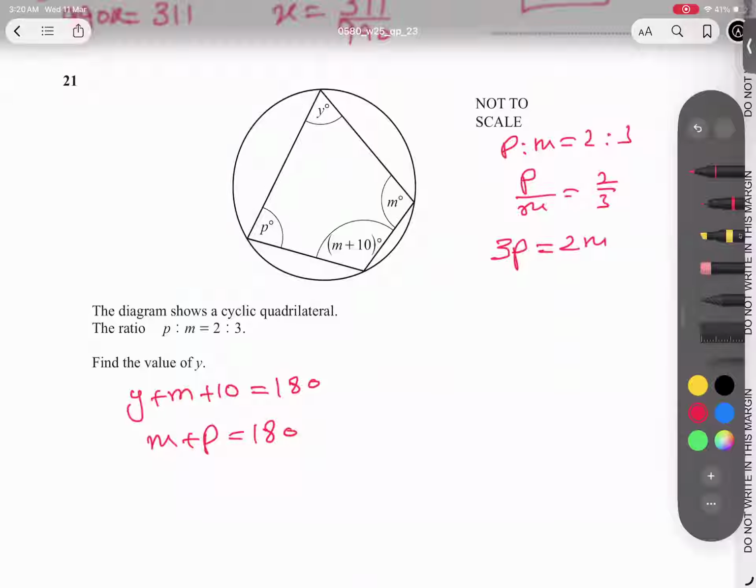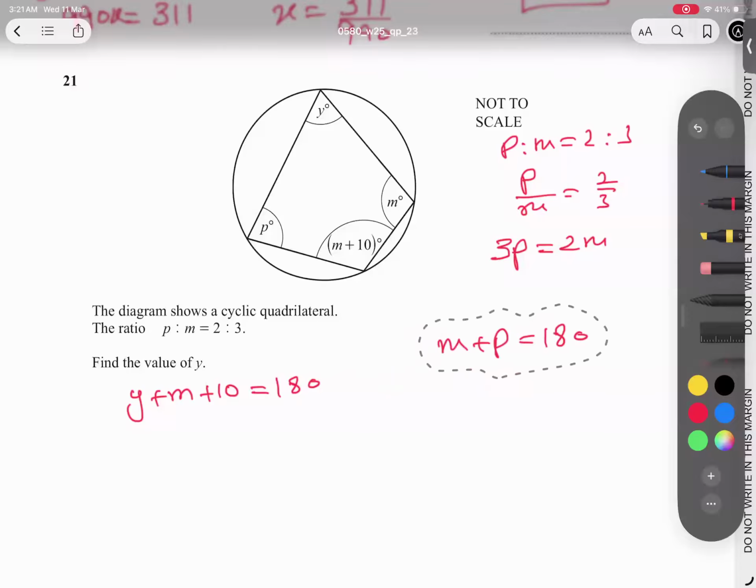Students, I think I can get a benefit from here. You could make m the subject and replace, or p the subject and replace, but better is this: if you look carefully, I have a 2m. So why not get 2m here? The lower equation, I bring here, and multiply by 2.